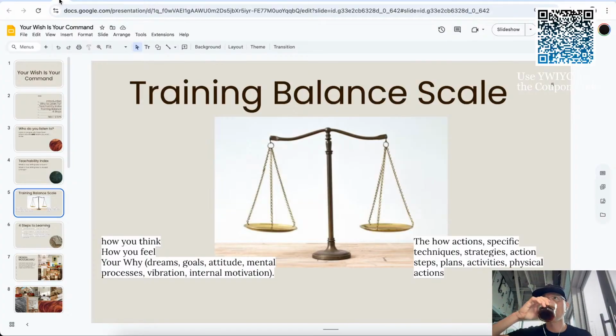Now you guys are beginning to understand what this training balance scale is all about: how you think and how you feel at a very deep level. Of course, there is a lot of misdirection and obfuscation. They always want to program failure in you. The system is designed to take you on a very dark path. They do not want you to win. They want you one step forward, two steps back. They don't want you out of the matrix.